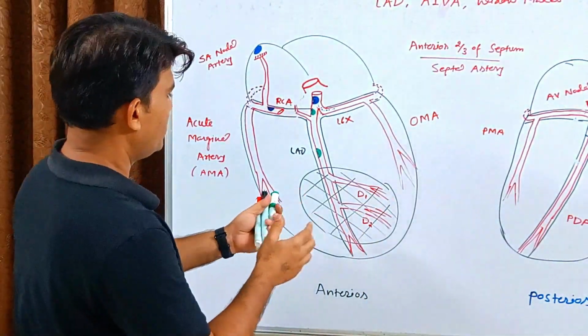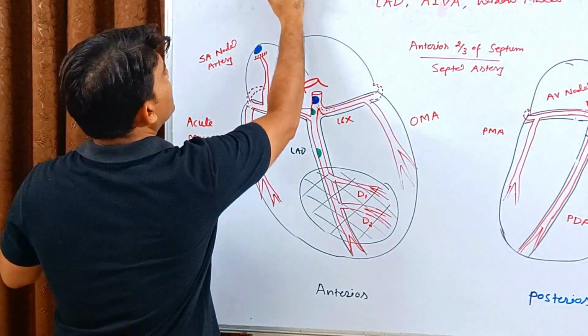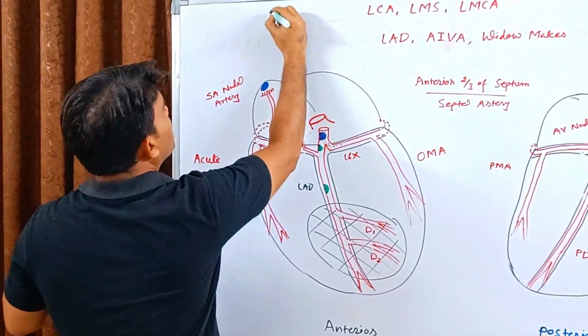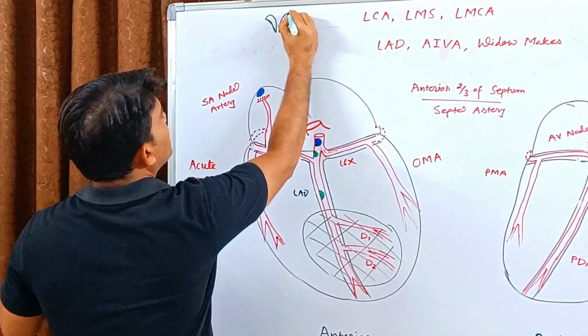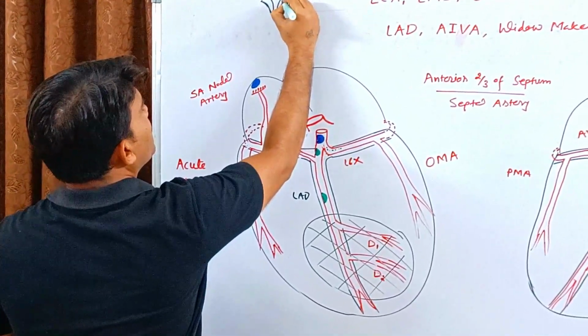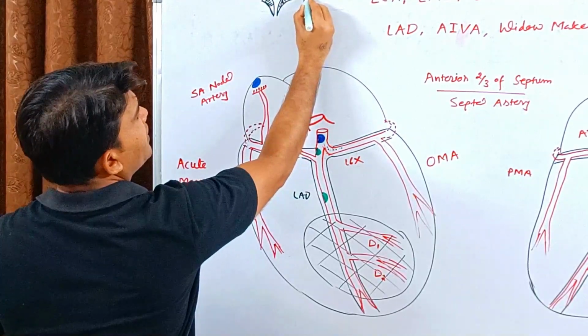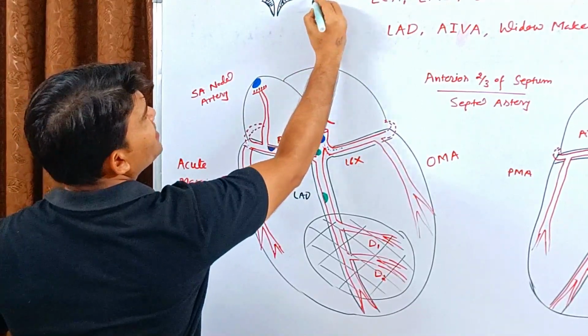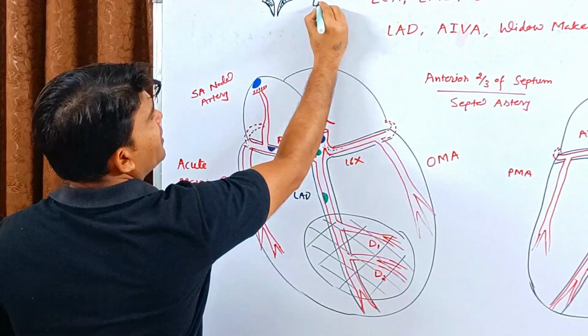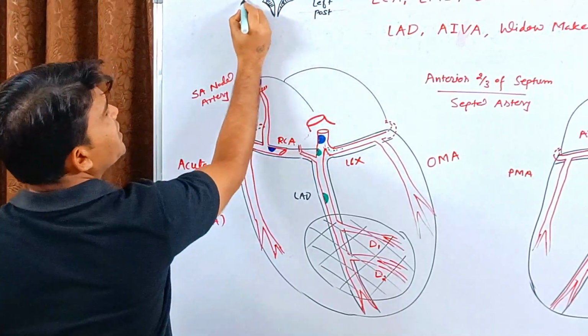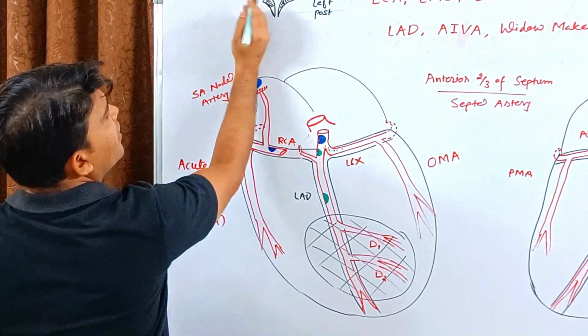Basically, suppose this is the mitral valve. So these are two leaflets. This is the left and posterior leaflet, and this is basically anterior.